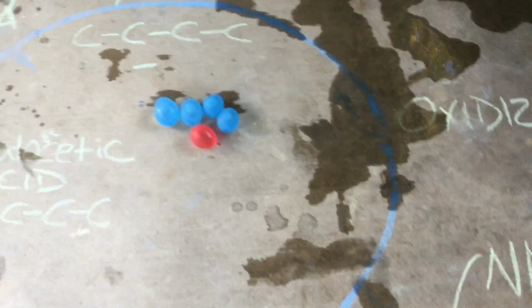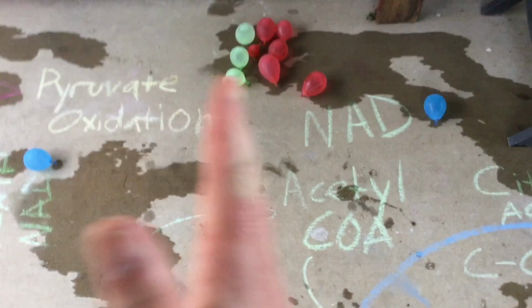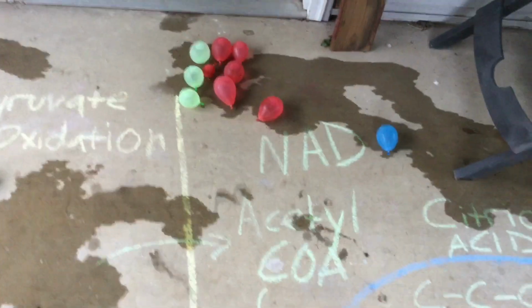So we make 1 CO2 from pyruvate oxidation. We make 2 more CO2s from oxidizing the citric acid. Remember, we do everything on this side of the line twice. So we will end up with 6 CO2 molecules.